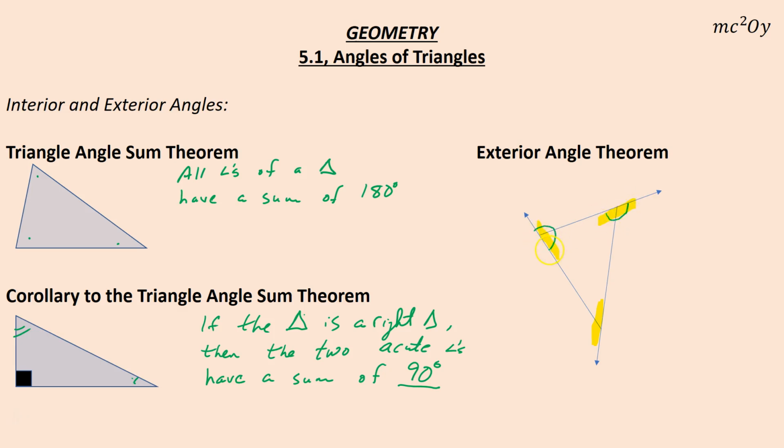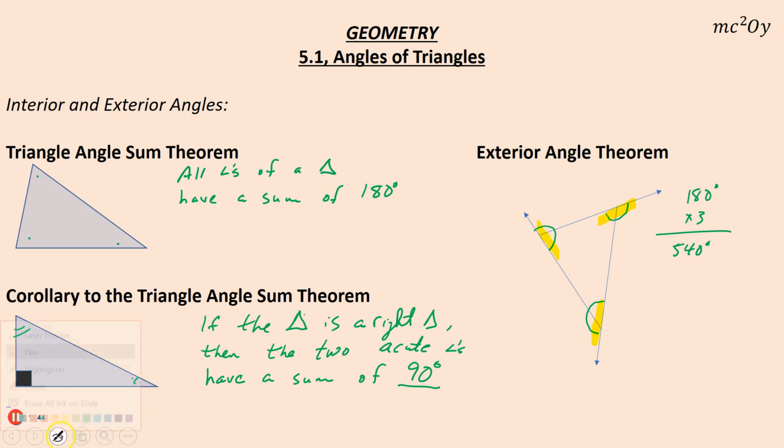This straight angle is 180. And this straight angle is 180. That means through all of those measures, I have a grand total of 180 degrees times 3, which is 540 degrees.